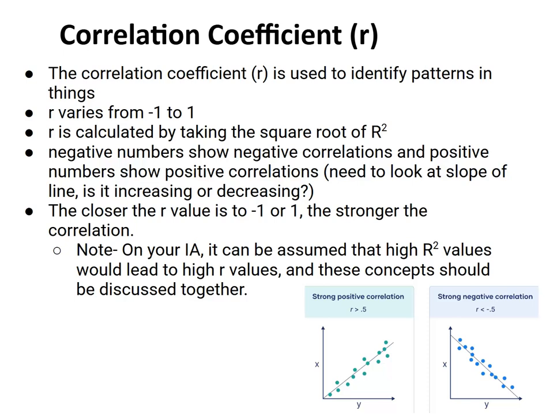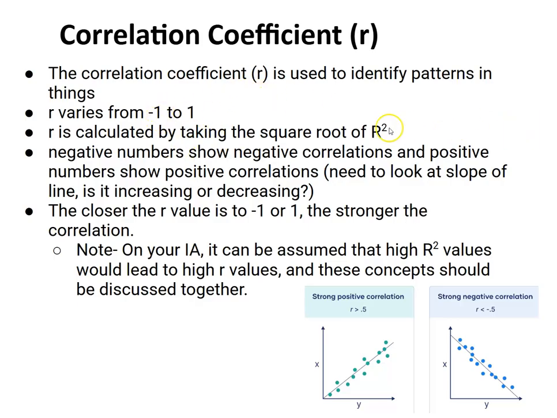And is the relationship positive or negative? And so R, remember, varies from -1 to +1. And the farther you go from 0 in either direction, the better it is, right? So the more strongly correlated something is. So we want values close to -1 or values close to +1.